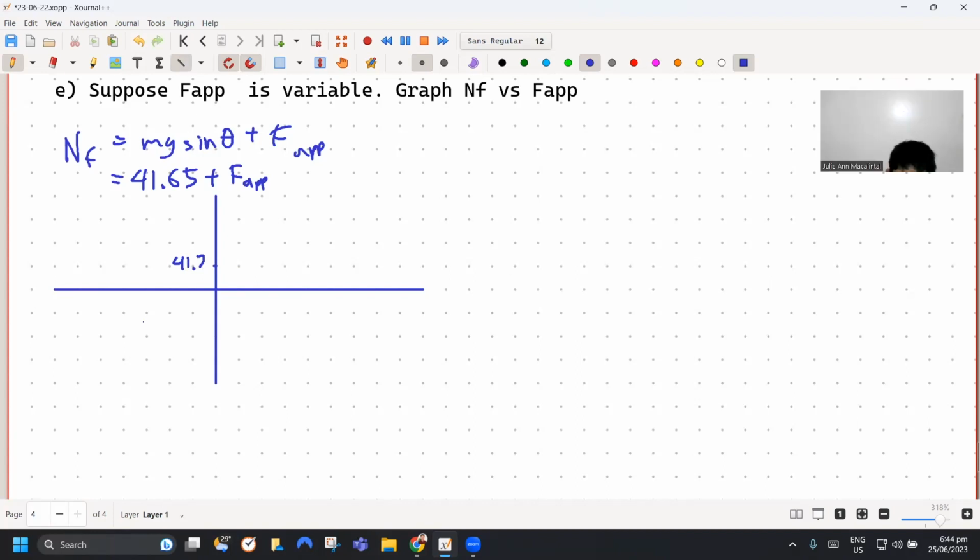Number 7. Okay. Ngayon, kailan mag-zero yung normal force? I think kailangan mong lakihan yung scale. Kaya magzi-zero yung normal force pag F applied is negative 41.65.